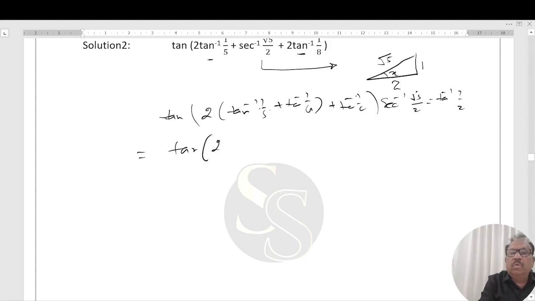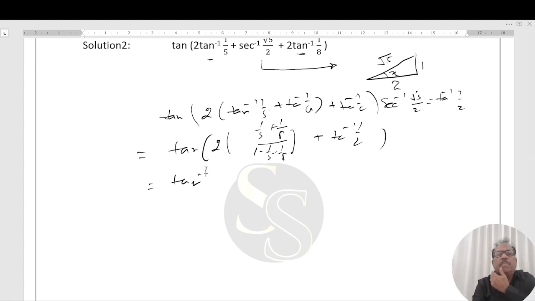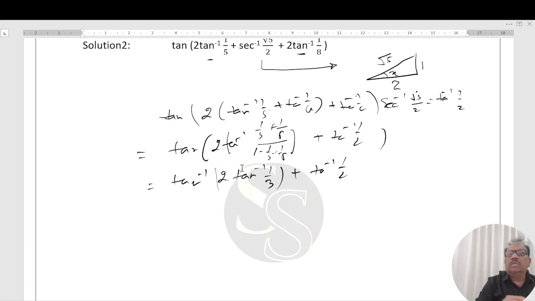So first we will apply the formula tan inverse x plus tan inverse y: 1 by 5 plus 1 by 8 upon 1 minus 1 by 5 into 1 by 8, plus tan inverse 1 by 2. On simplification, this comes out to 2 tan inverse 1 by 3 plus tan inverse 1 by 2. You can simplify it very easily, right?